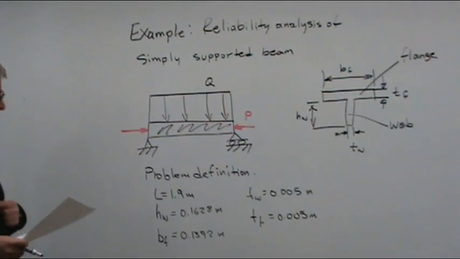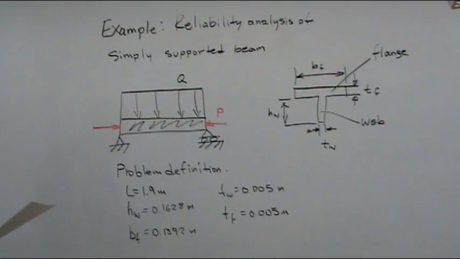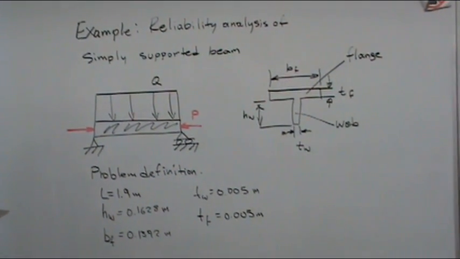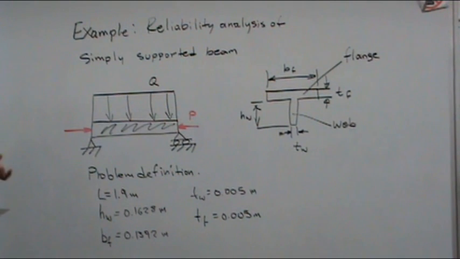So these are the dimensions, and these dimensions are fixed. Assume that they are well controlled so that you don't have variation.